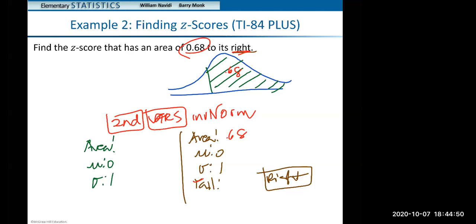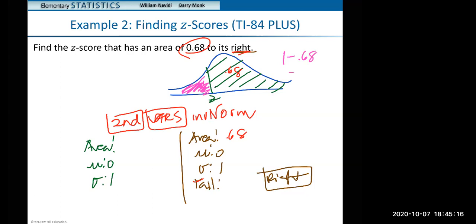If you don't have a tail, remember the area to enter should be the area to its left. So if you want to get this z-score here, we want to enter this area to the left of your z. So meaning, what is this area? Since you know that this is 0.68, you subtract it from 1.